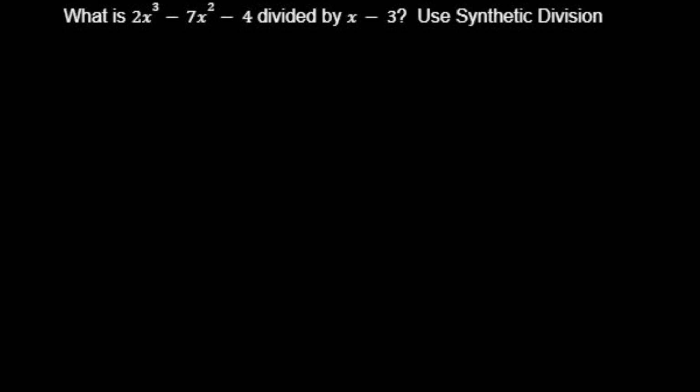So for the most part, it is mostly used whenever it is dividing by something in the form of x minus a number. But it can be used if there's a leading coefficient with the divisor.